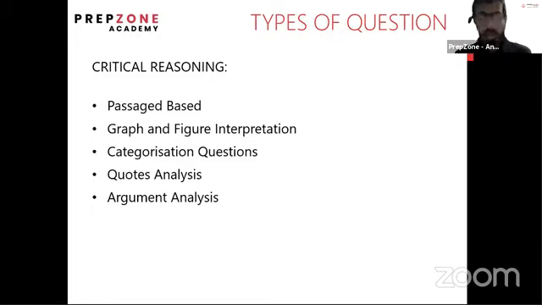Okay. Argumentative analysis is basically short passages where you have to analyze the topic, the passage, and provide an argument to it. So there'll be options given to you, and based on that particular passage, which argument is the best fit?